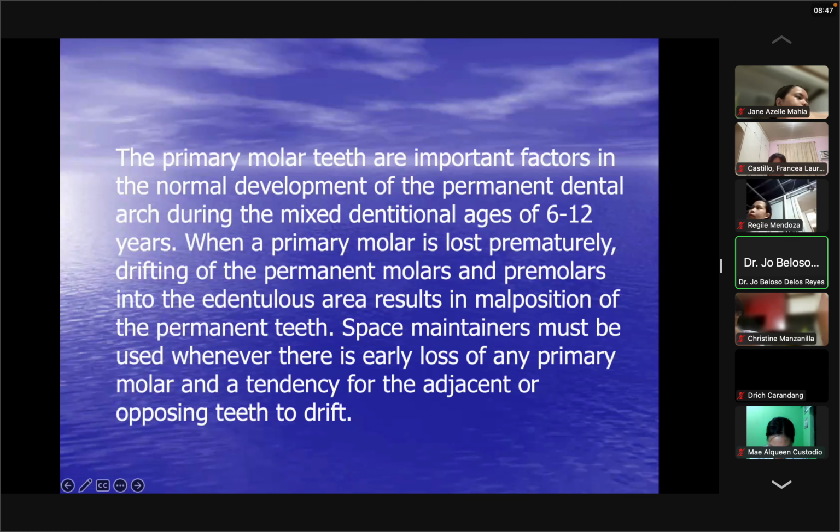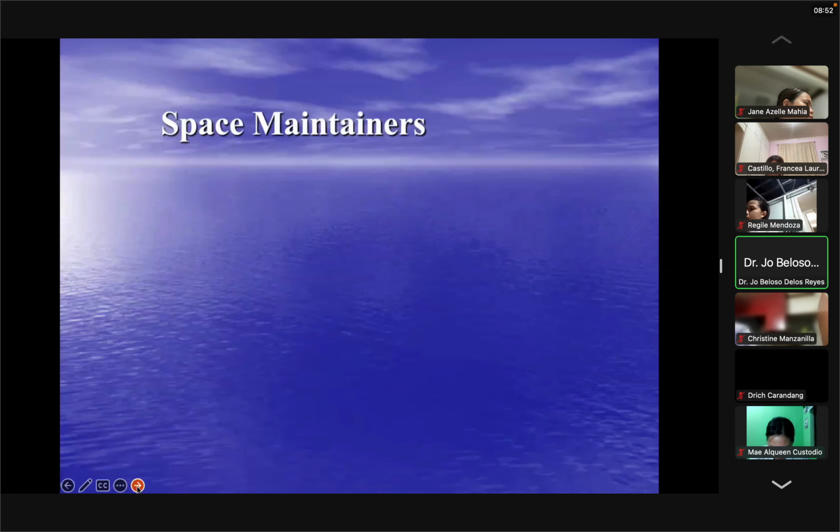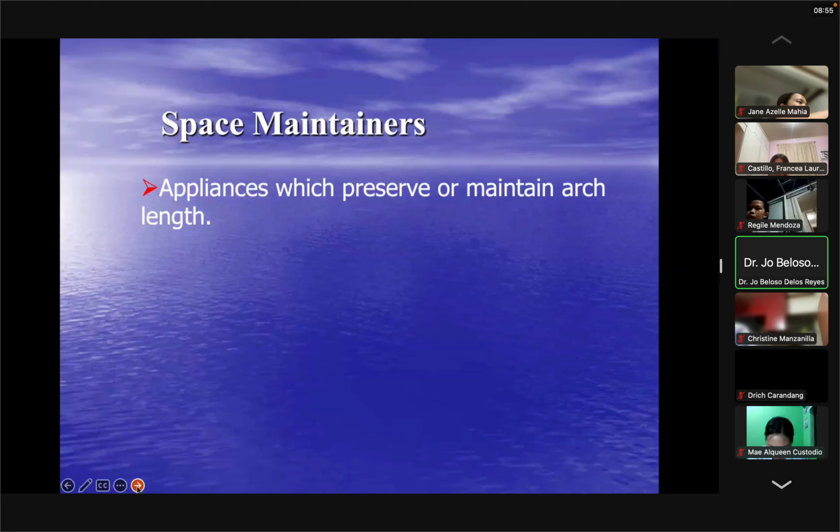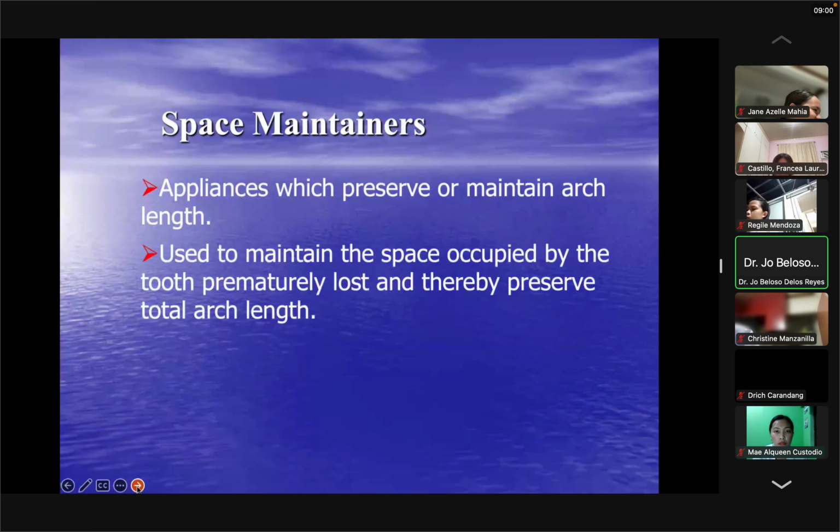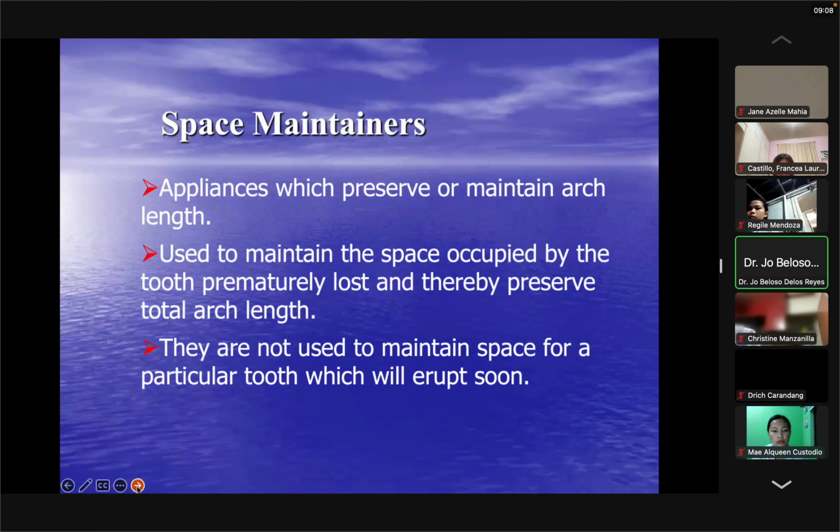So, we don't just extract primary molars. Space maintainers are appliances which preserve or maintain the arch length. It is used to maintain the space occupied by a tooth prematurely lost and thereby preserve total arch length. They are not used to maintain space for a particular tooth which will erupt soon. So ang space maintainers, pag sa tingin mo malapit na mag-erupt ang permanent and you would only see that through taking radiograph, you don't put space maintainer anymore.